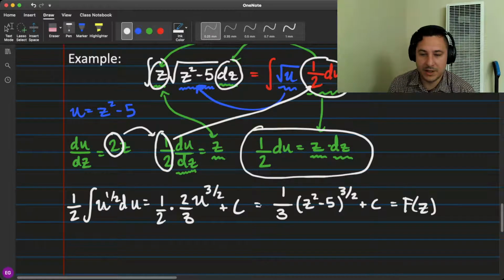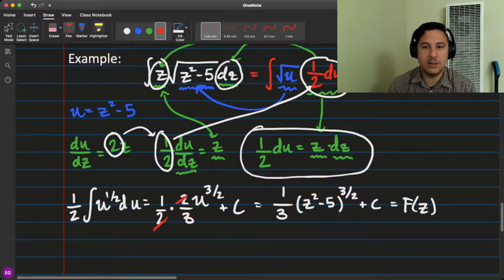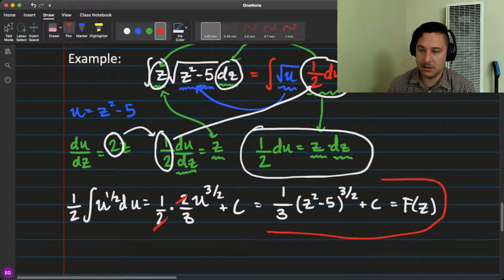The 2's here cancel, so it becomes 1/3. That's your antiderivative.